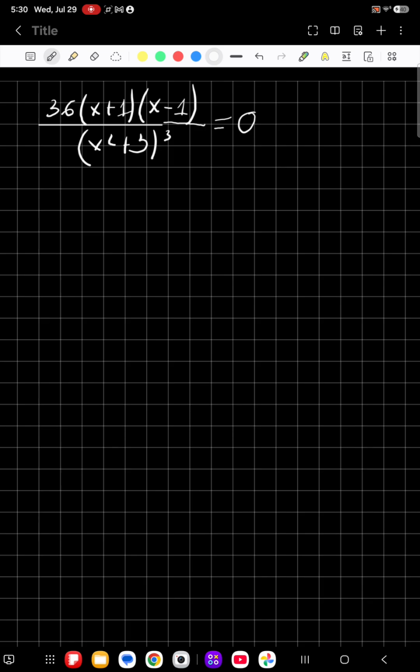We can't make the denominator equal to 0, there's no way. And if we look at the top, we'll get 0. So the function will be equal to 0 for x equals 1 and x equals negative 1. These will be our inflection points.